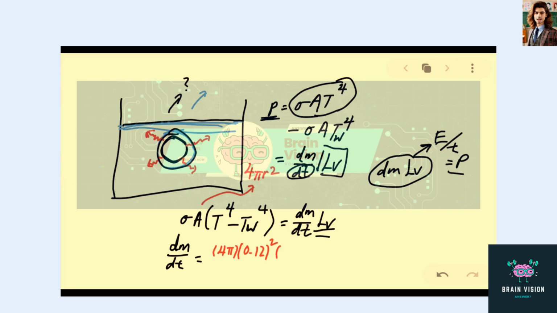Sigma, the constant, 5.67. Temperature of the sphere is 225 degrees, just 498 kelvins, and we take 273 plus 225, to the power 4 minus the temperature of the water, which is 373, assuming it's at boiling point.